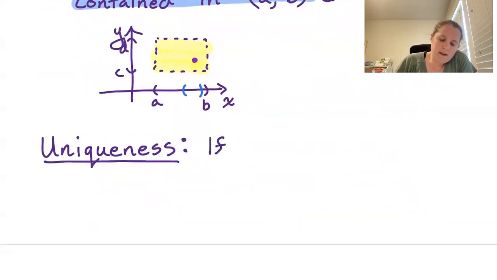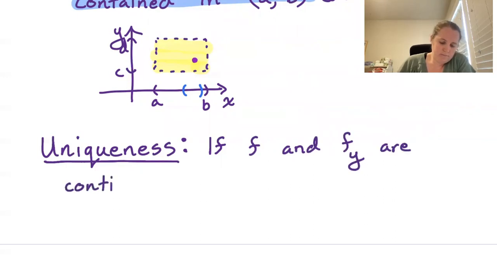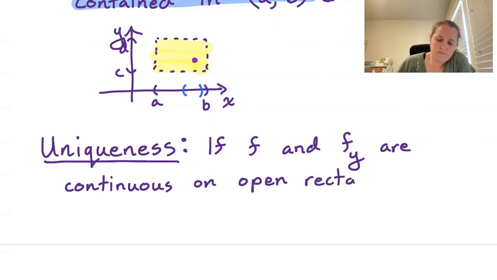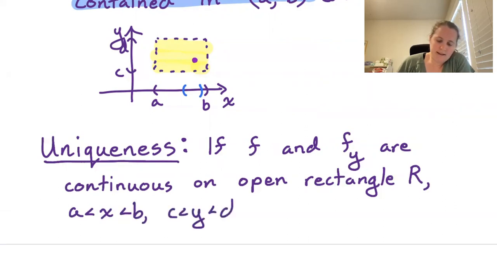So if f and the first partial of f with respect to y are continuous on open rectangle R, which will be A less than x less than B, and C less than y less than D, containing the point x naught, y naught.